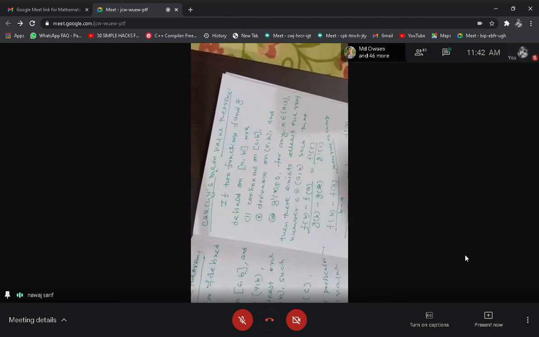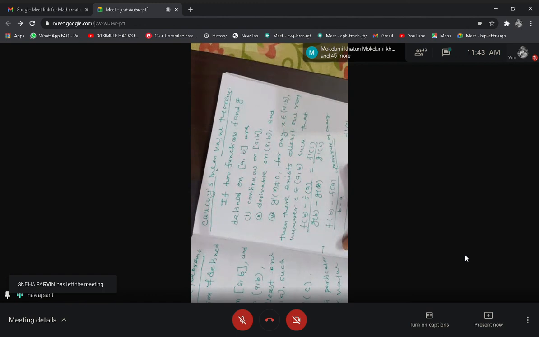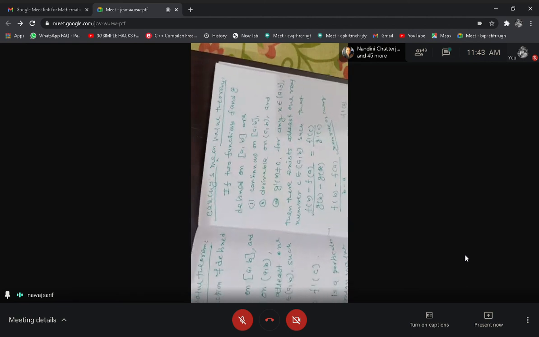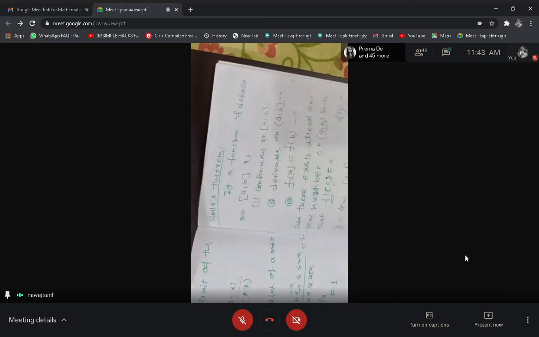So this tells us that the ratio of the mean rates of increase of two functions is equal to the ratio of the actual rates of change at a point c in some interval. Understand? So these three are important mean value theorems.